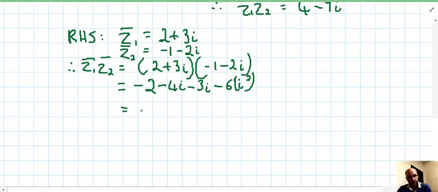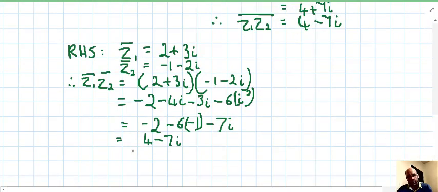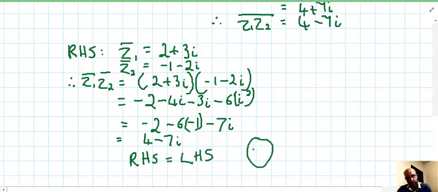We've got negative 2 minus 6 times negative 1, just rearranging the order, minus 4i minus 3i is minus 7i. Well, we've got negative 2 minus negative 6, and negative 2 plus 6 is 4 minus 7i. And looky there. Okay, right hand side concurs with the left hand side. QED.